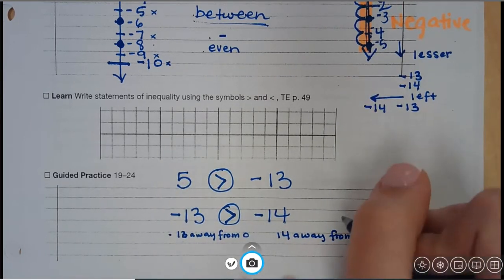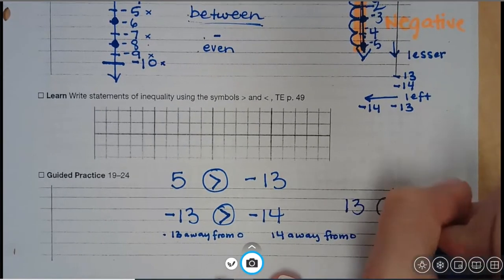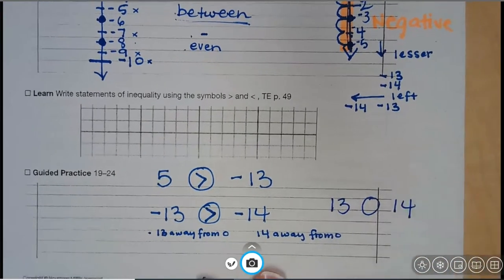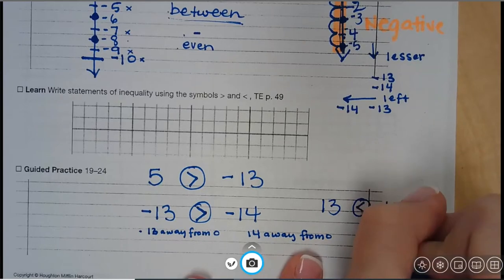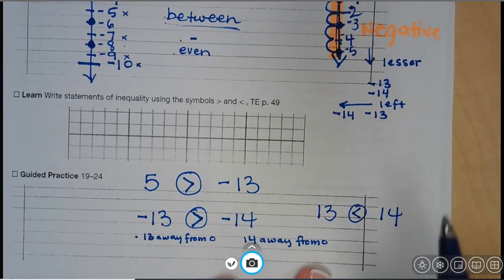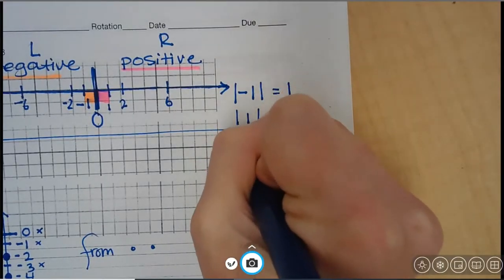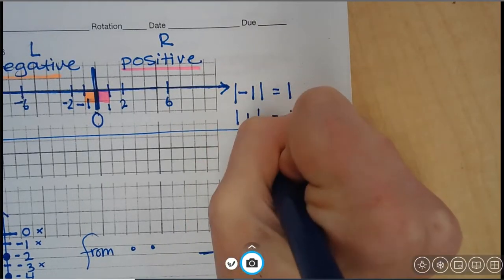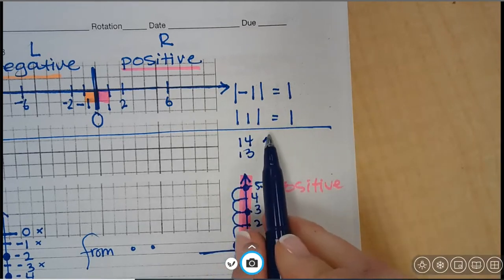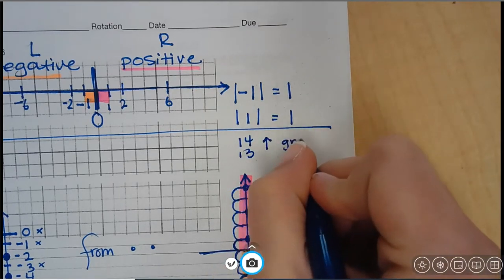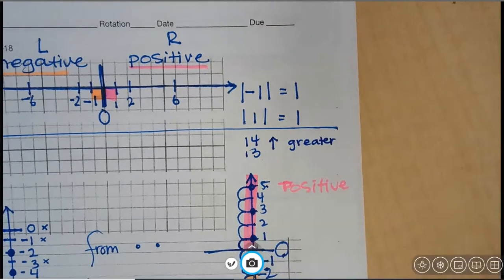But if I had a positive 13 and a positive 14, you've learned that the positive 14 is greater. And that's because it's higher on the number line than the 13. So remember, on the vertical number line, the higher it is, the greater the number.